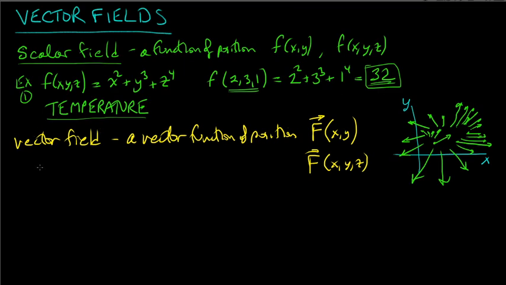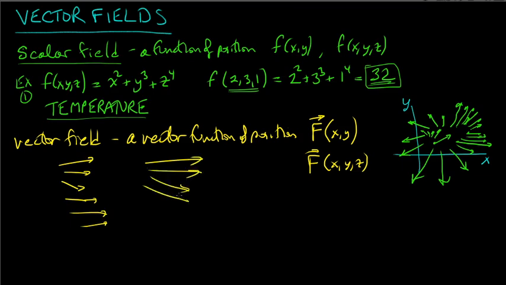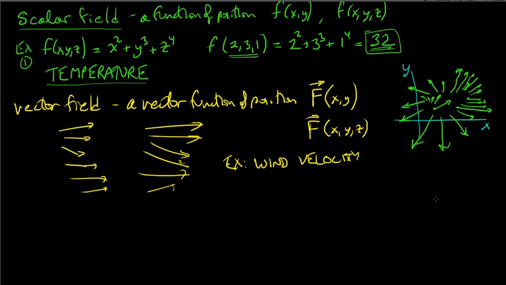But if you want to measure the direction the wind is traveling in, like let's say the wind is basically traveling this way, and over here it might be a gust of wind, a little bit faster in various directions, then that's a vector field. So wind velocity is a somewhat familiar example of a vector field, because the wind is not just traveling at a certain speed, it's traveling in a specific direction.